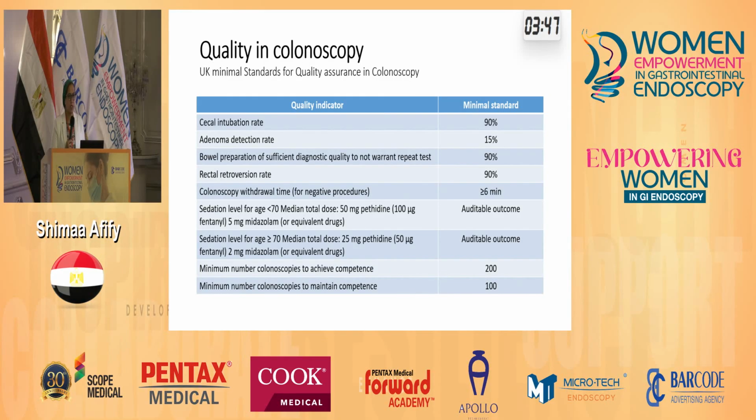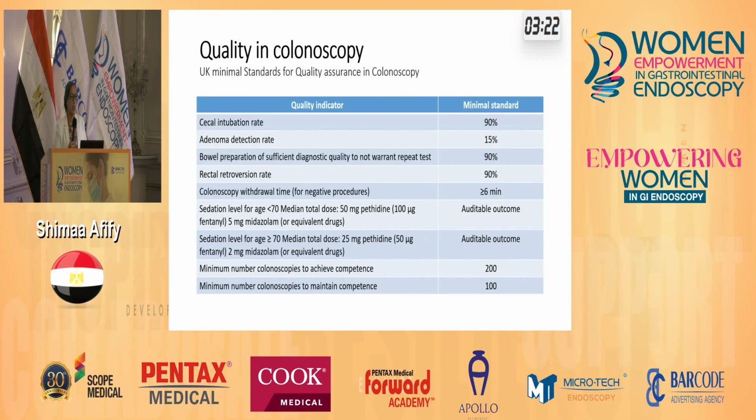After I have documented everything, I have to make sure about the quality of colonoscopy, which is a major critical issue in performing colonoscopy. You have to make sure that you reach the minimum standard of key performance indicators, which are the cecal intubation rate. It should be more than 90% of examinations.